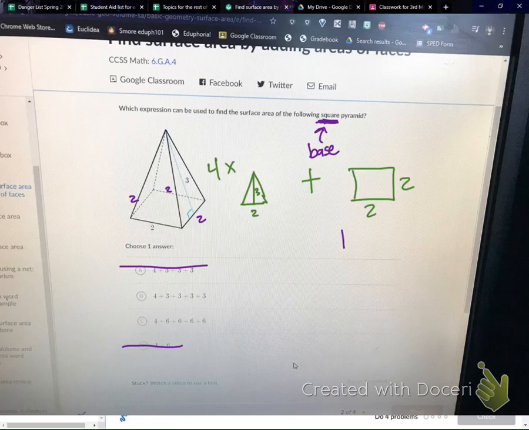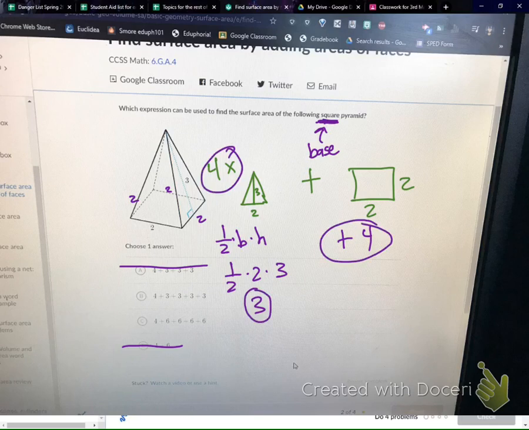So 2 by 2 is going to give this an area of 4. The area of a triangle, in case you forgot, is 1/2 multiplied by the base times the height. So that'd be half of a 2 and a 3. So half of 2 is 1 times 3 is 3. So I need 4 of those guys and 1 single 4. So 4 of those guys and 1 single 4 has led me to my correct answer.